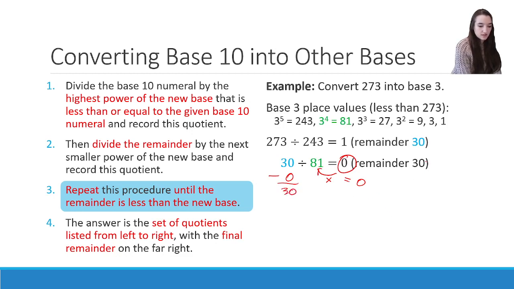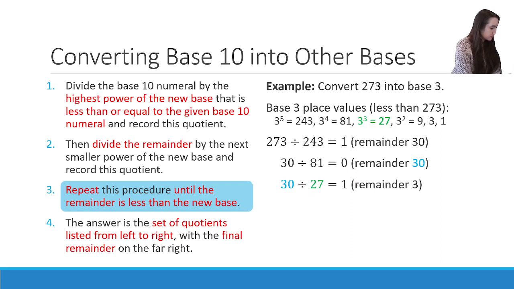So now we repeat. We bring our 30 down, we divide by 27 now, our next position value. So 30 divided by 27 equals 1.11111, yada yada, we don't care. The 1 is what matters. The remainder is 3, and again, this is one where we've gotten to numbers where you might be able to figure this out without doing the multiply and subtract part.